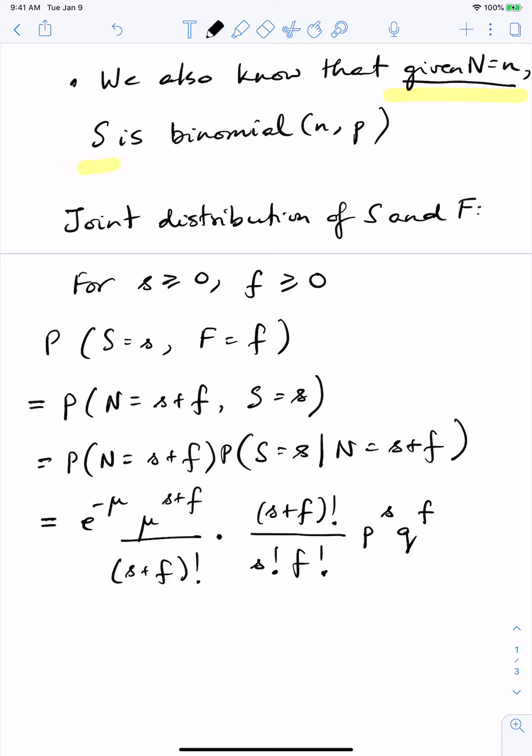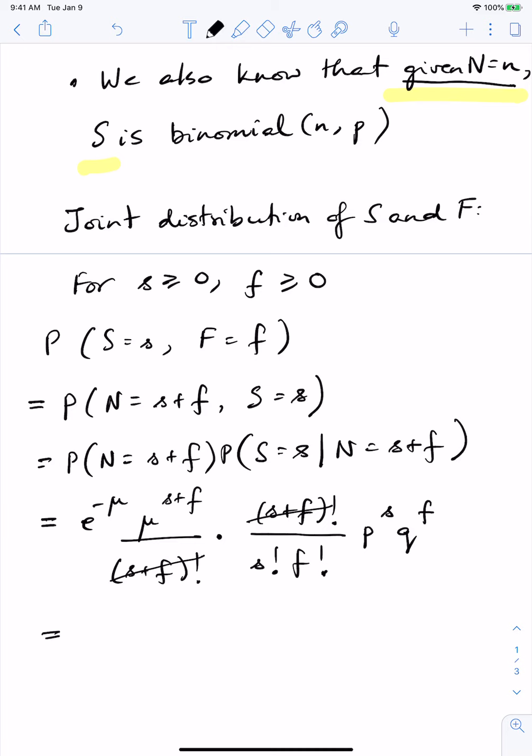Okay, so what happens? This cancels. And now I'm seeing stuff that has to do with S factorial and F factorial. And I like that because capital S is Poisson and as is capital F.